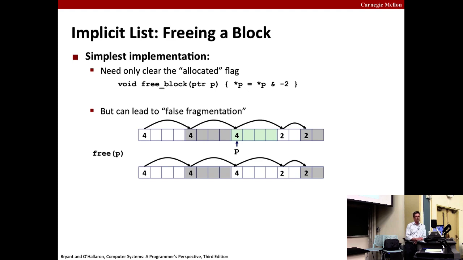But the problem now is this creates external fragmentation. If we just free that block of size 4, what used to be a block of size 6 now consists of 2 contiguous smaller blocks, one of size 4 and one of size 2. And so now if that's followed by a request for 5 blocks, we're stuck.